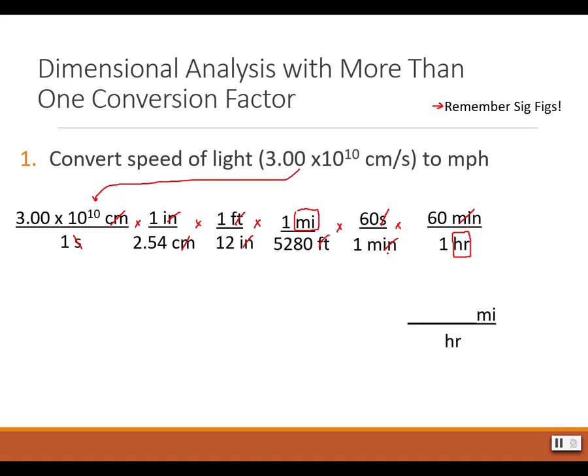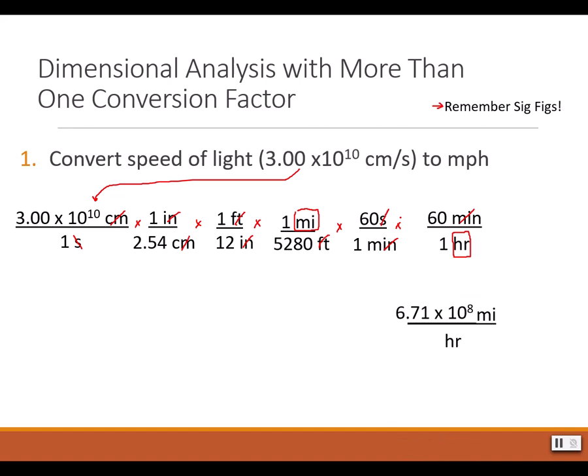And as I said in the previous video, all numbers that are in the numerator get multiplied. Numbers that are in the denominator get divided. So 3.00 times 10 to the 10, divide by 2.54, divide by 12, divide by 5,280, multiply by 60, multiply by 60.